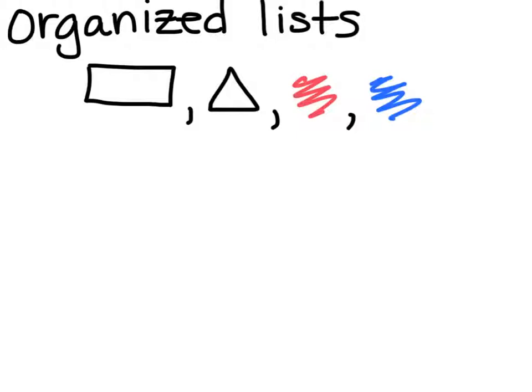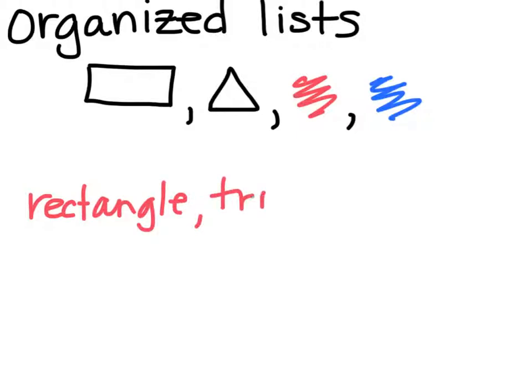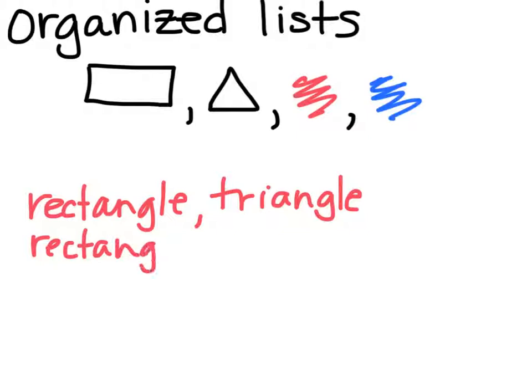First, we could paint a red rectangle and a red triangle. That's one possible combination. We could also paint a red rectangle and a blue triangle.